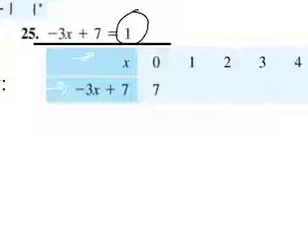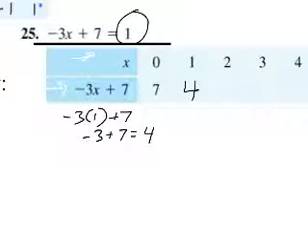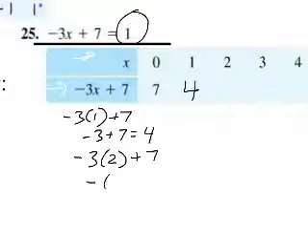Okay, so if we stick 1 in for x, -3 times 1 plus 7 is -3 plus 7 equals 4. We stick 2 in, -3 times 2 plus 7, -6 plus 7 equals 1.